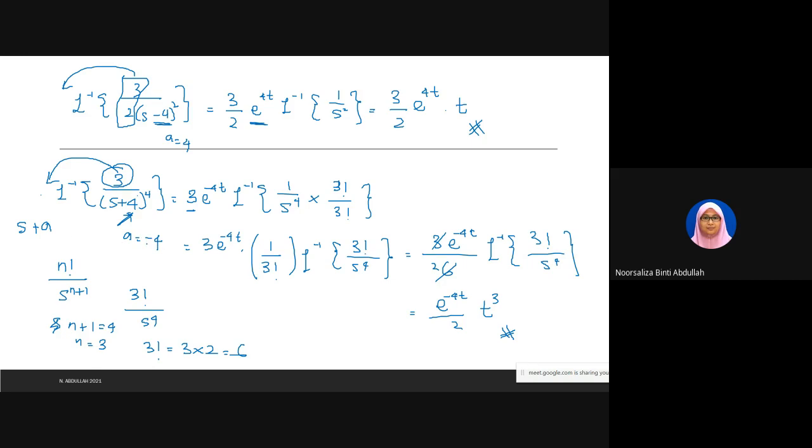Right. So A is minus 4, then your exponent will be exponent minus 4t. So inside here it only has S left, because the 4 we already moved out so that we can get the exponent here.